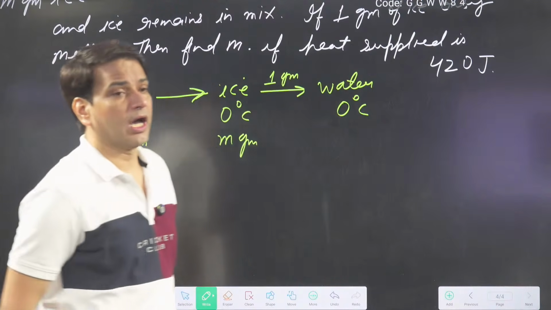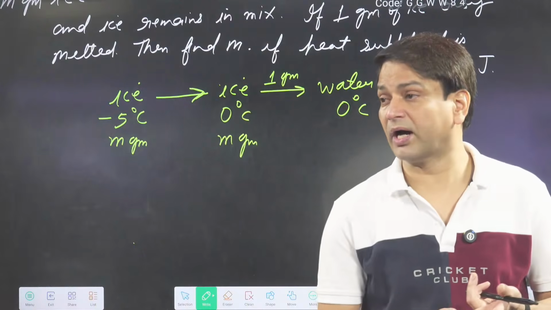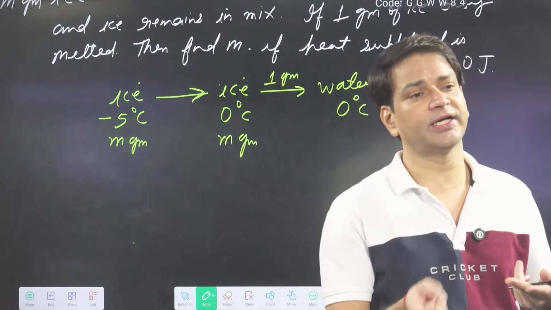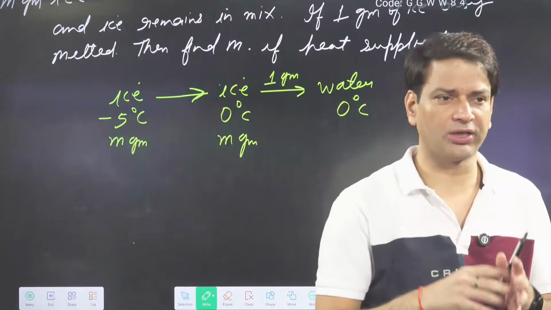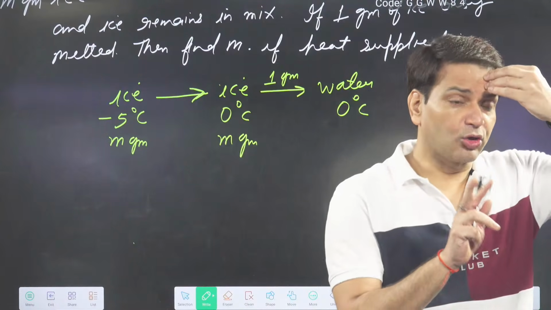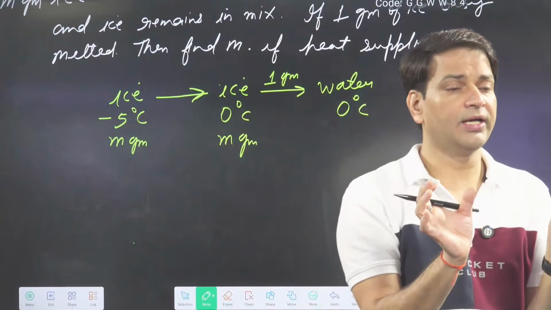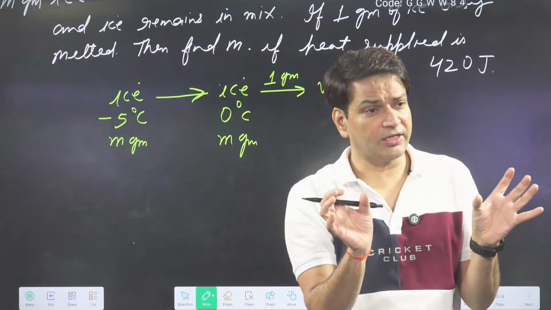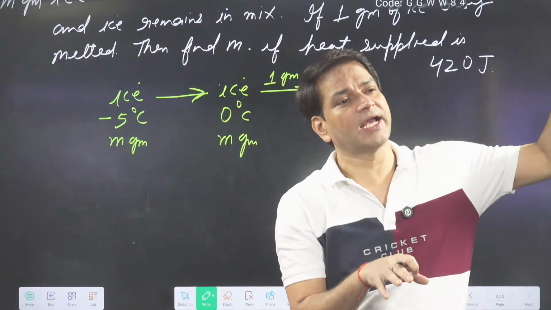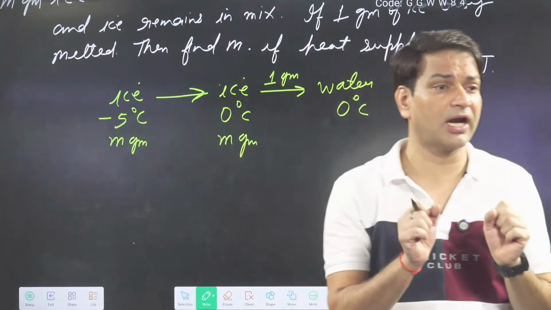Now, what I said: the specific heat of ice is given as 2100, and the latent heat is given in some power of 10. So we have two options. In a calorimetry problem, when we write heat given equals heat taken, we can use mixed units on both sides, like mass in kg, and specific heat and latent heat in calorie per gram.